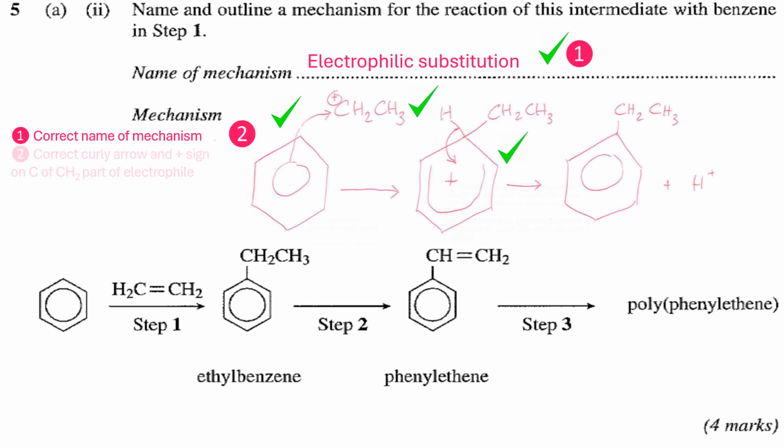The second mark is for the curly arrow coming out of the circle within the hexagon and the positive sign on the carbon of the CH2 part of the electrophile, like we talked about a moment ago. So what I mean by that is the positive charge. It doesn't have to have a circle around the plus sign. I just put it there because that's the way I prefer to do it. It sits on this carbon where my highlighter is.